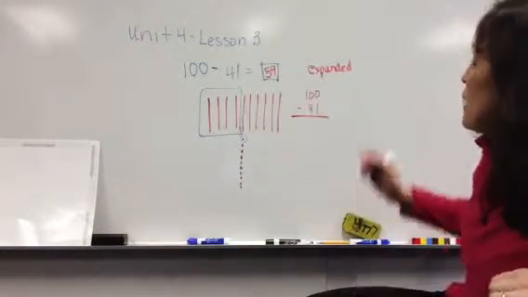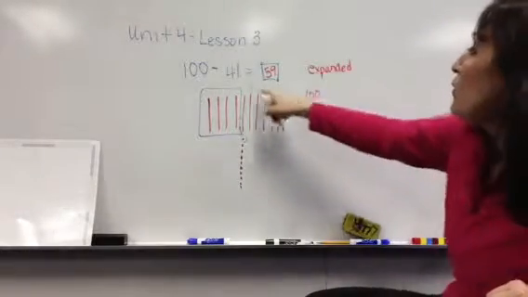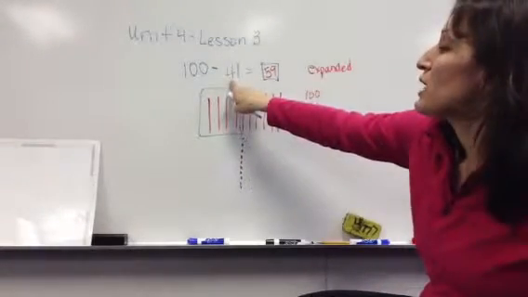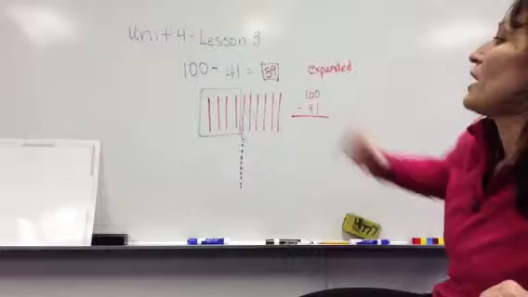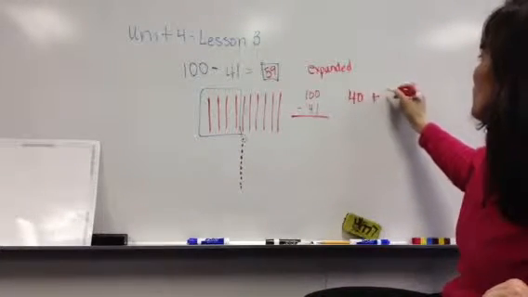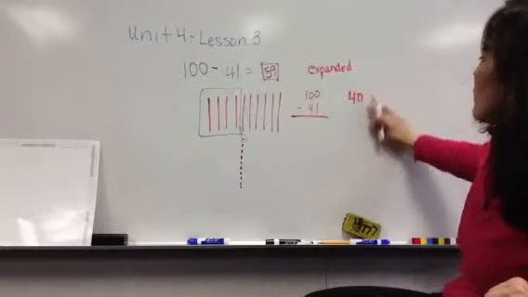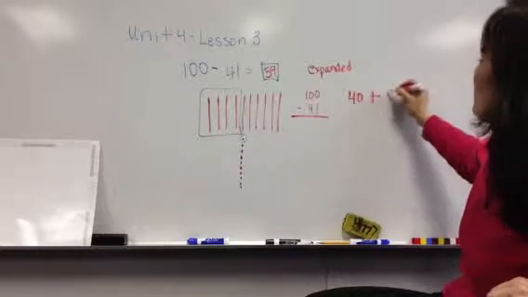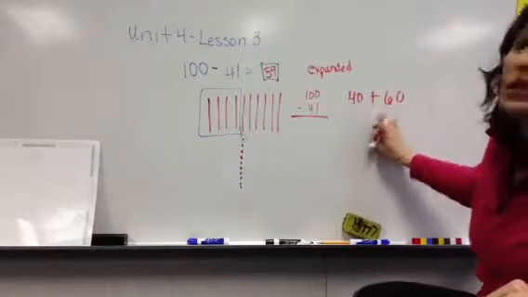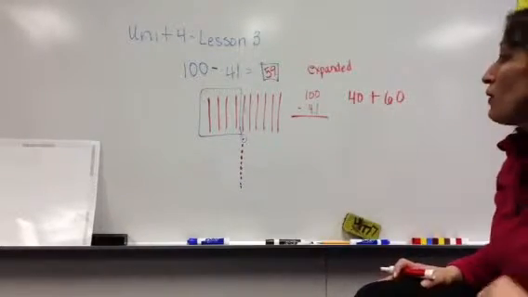So we can break it into 4 tens and 5 tens, right? Because we know there's 4 tens in this part, so we know the other part's going to have 5 tens. Oh, I'm sorry, that's not correct. 4 tens plus 6 tens, because we know 4 plus 6 is 10, so 40 plus 60 is 100, right?